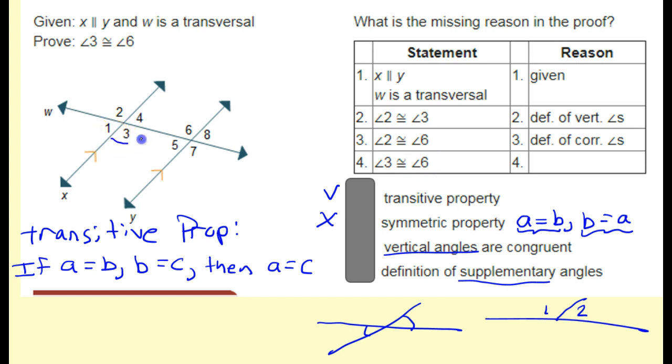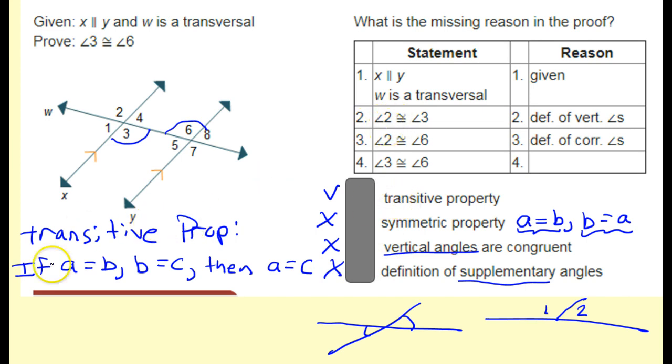Well, here's angle 3 and here's angle 6. They are not vertical angles, so it can't be the vertical angle theorem. What about the definition of supplementary angles? The previous step doesn't say anything about adding up to 180 or anything like that. So it really definitely can't be the others. So I'm going to go ahead and go with the transitive property.